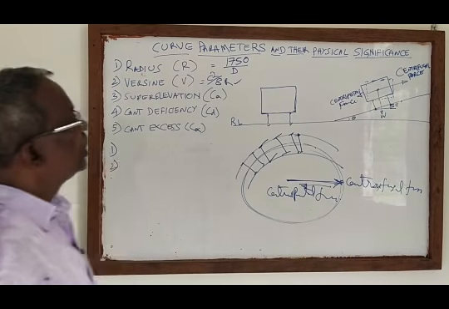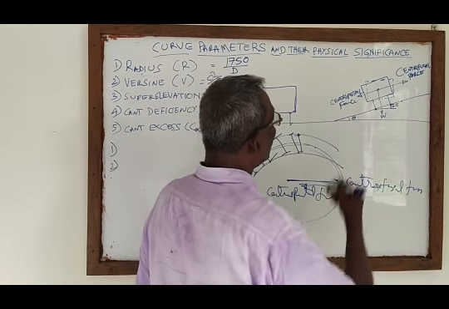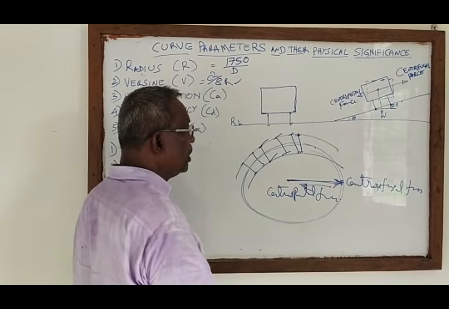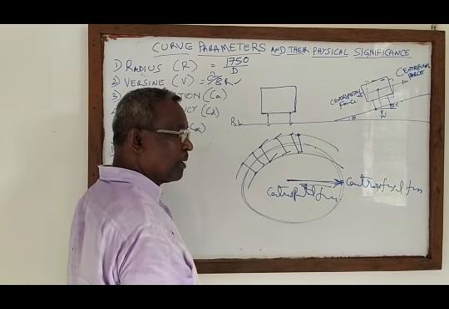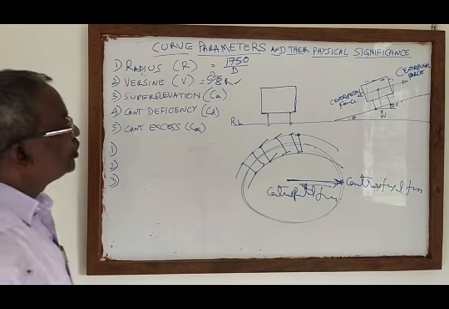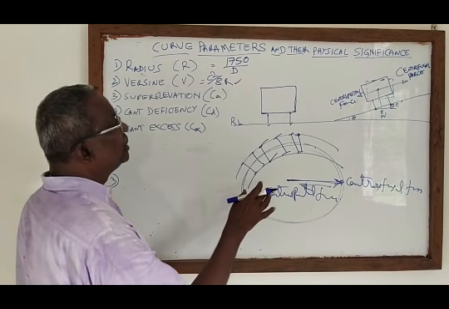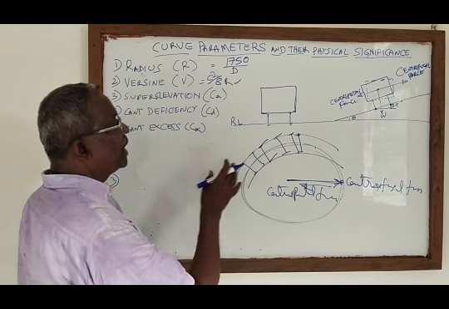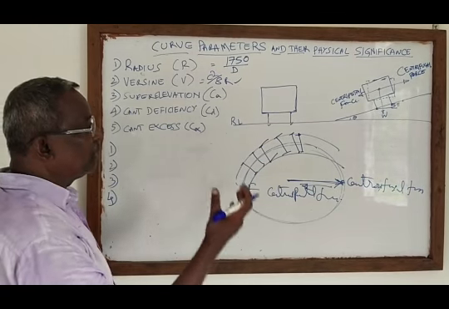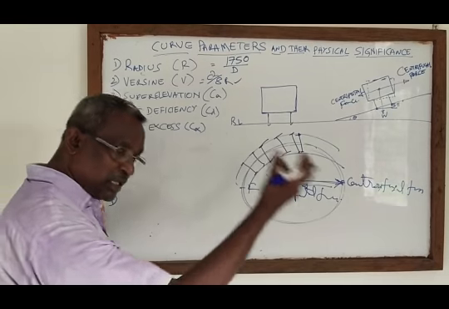Number two, to reduce wear and tear of rails as well as wheel flanges. Number three, to neutralize the effect of lateral force. Number four, to provide comfort to the passengers.